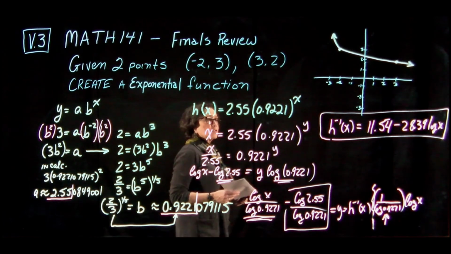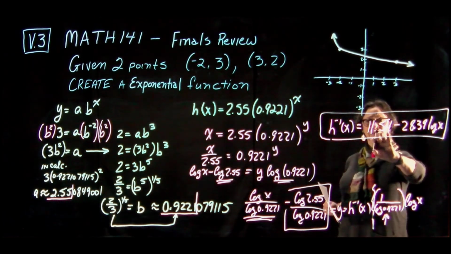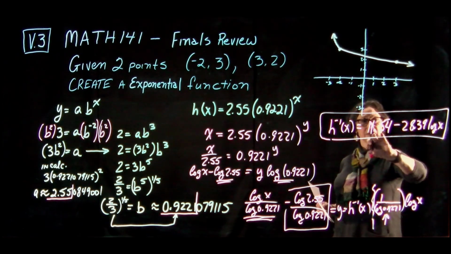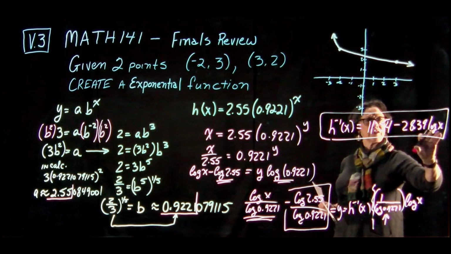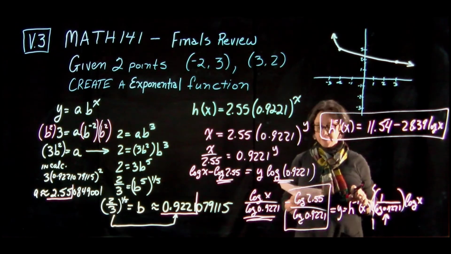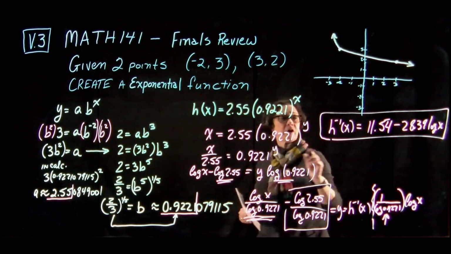I'm going to plot those points. This is a log function. This 11.54 is my up and down shift. And this number in front of the log is our stretch factor when we look at transformations. So I'm going to put in the 2 points. Again, you're going to switch your x and your y values.